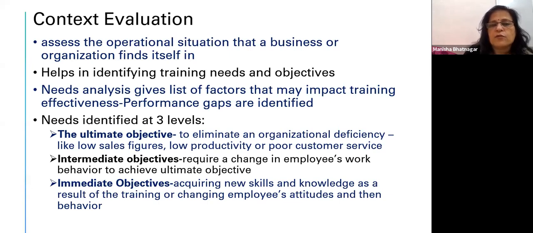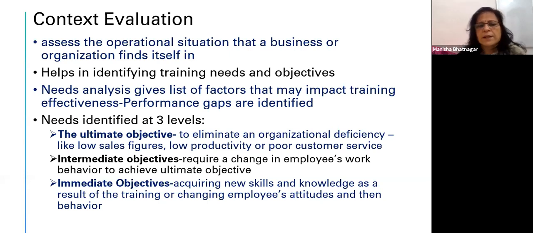Based upon that, you make the training objectives, and what are the needs of the population. So in the context evaluation, we are actually focusing on the gaps and the needs and objectives.